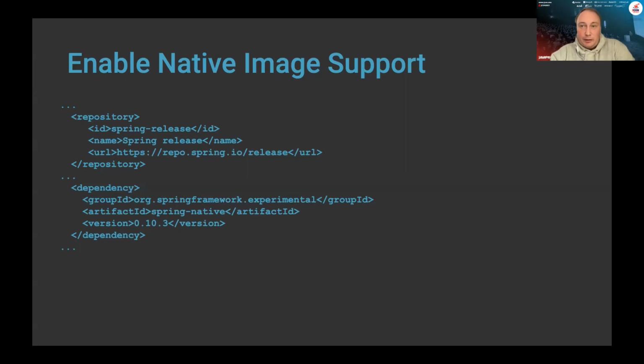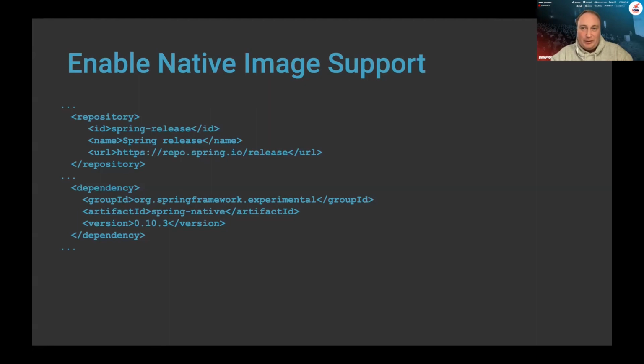Well, to avoid that, you need to provide a configuration. You need to specify all your reflection, all your customization things. You can write it by yourself, by hand. You can collect it using a special agent that records everything you meet during the work of your application, like all reflection calls, etc. But it's so complex.